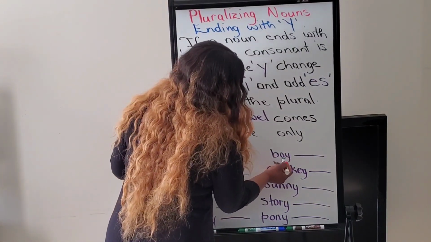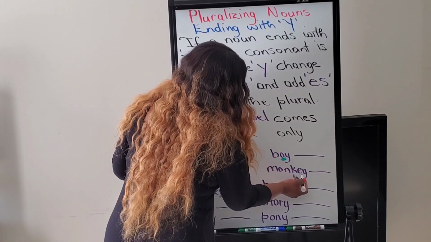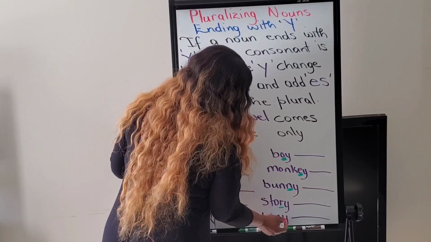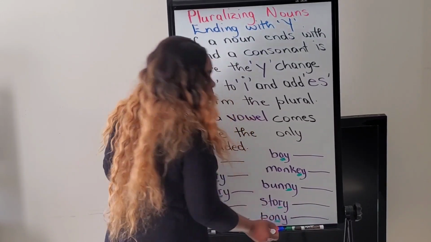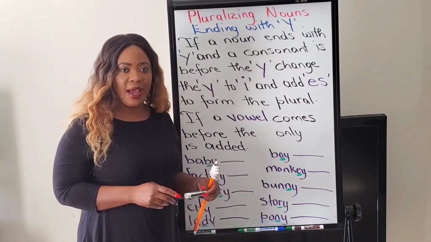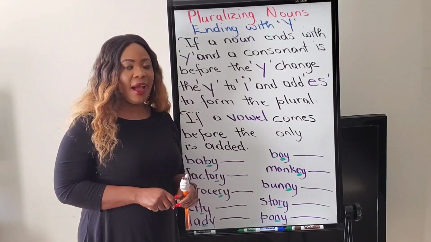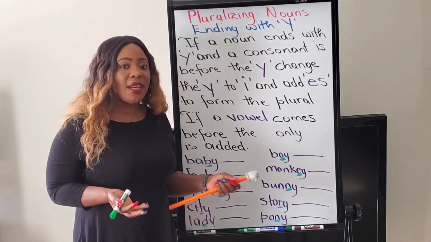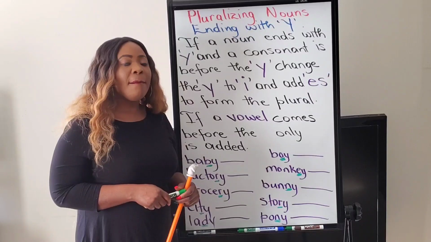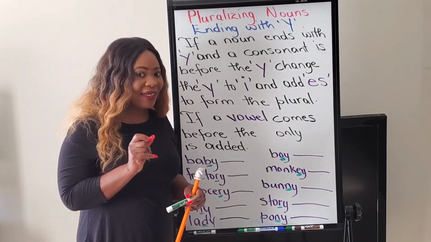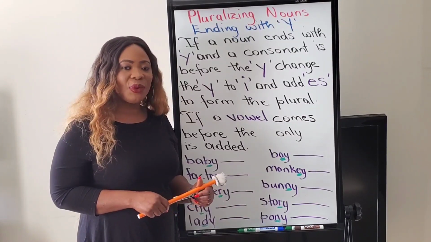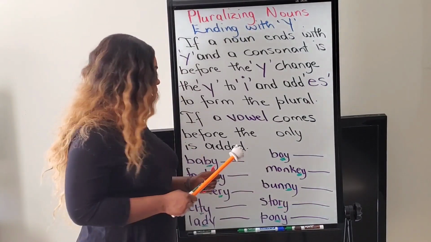So once you're pluralizing nouns and they end with y, you'll just underline the letter before the y, and then you'll determine whether or not it's a vowel or a consonant. If it is a consonant, then you'll have to change that y to I like magic, and then you add es, right? But if it is a vowel, then all you have to do is add s. You got that, right? Good.